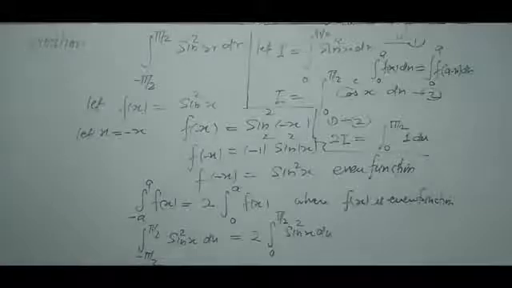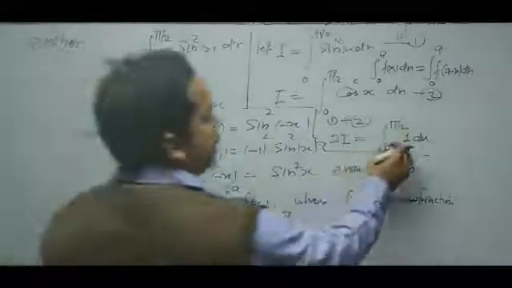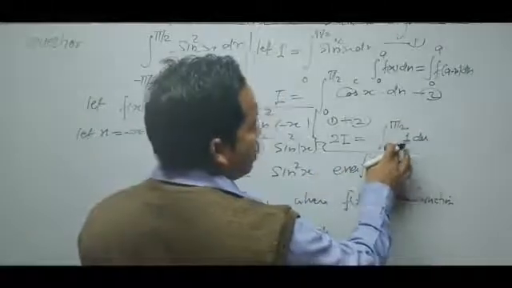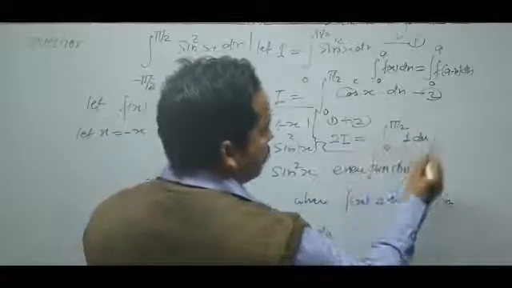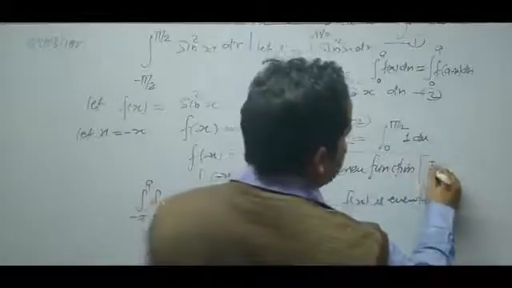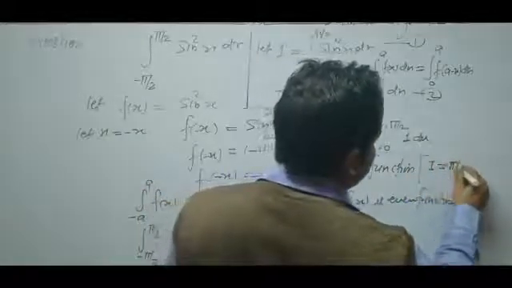So 2I is equal to pi by 2, which means I is equal to pi by 4.